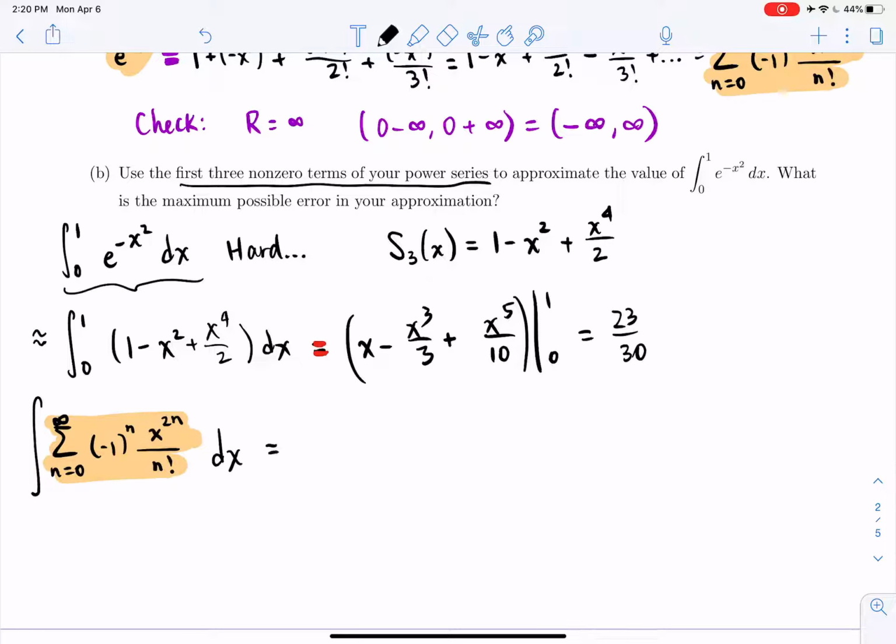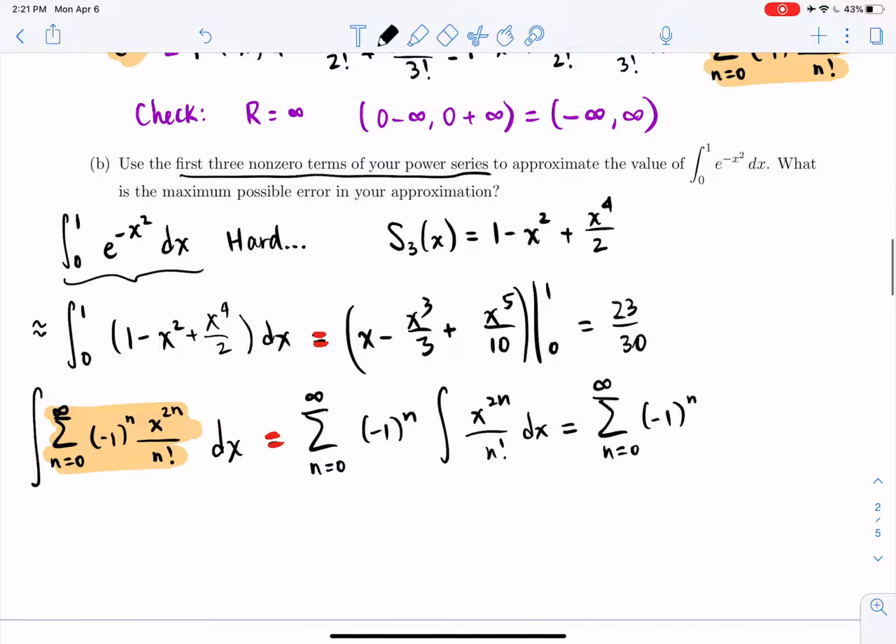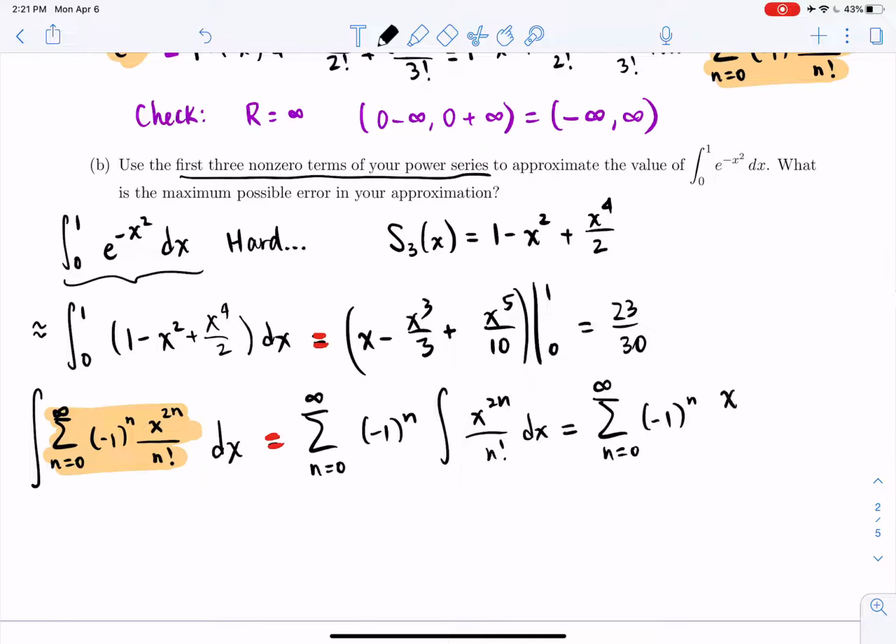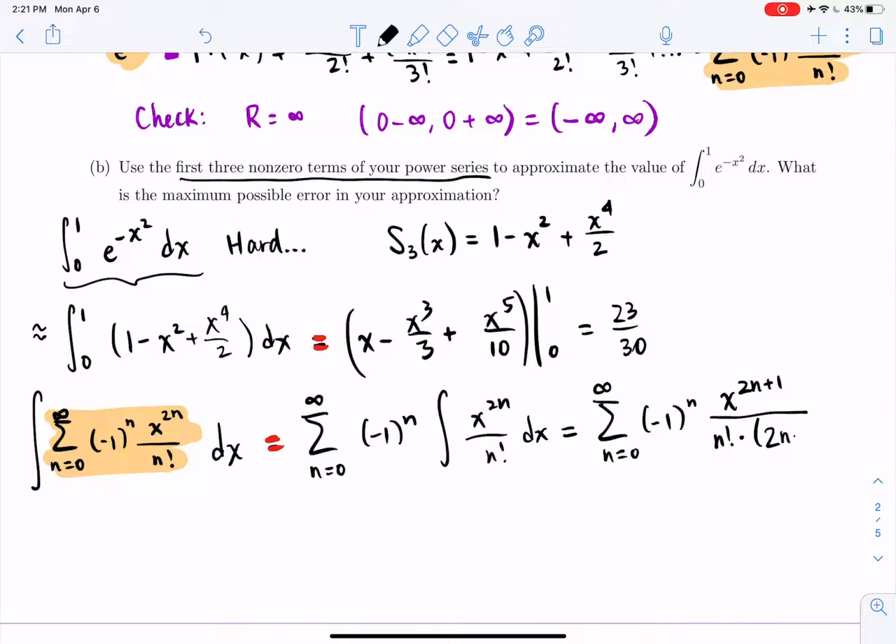So its antiderivative, this equality, by the way, we have to be careful, but this equality is true by the next theorem we're going to see. So this thing's antiderivative is actually the antiderivative of these little terms, which is, let's do n equals 0 to infinity, minus 1 to the n, and then if we raise the power of n by 1, we get x to the 2n plus 1, and then we need to divide, we already have an n factorial, but we need to divide by that new power.